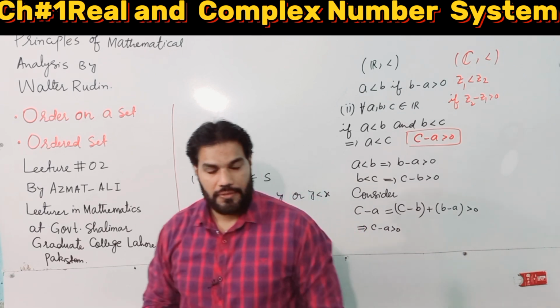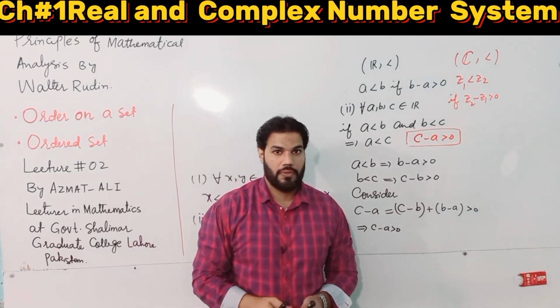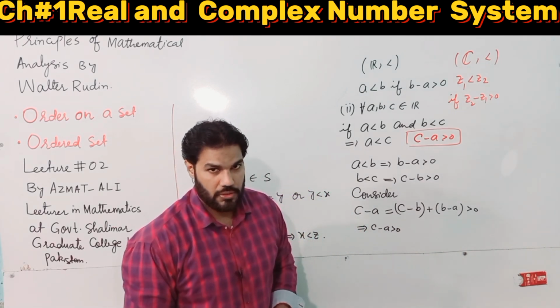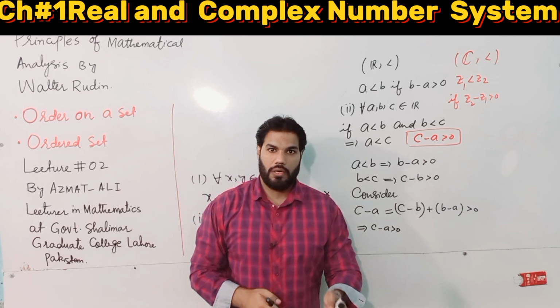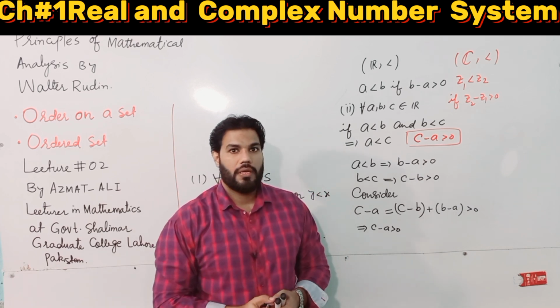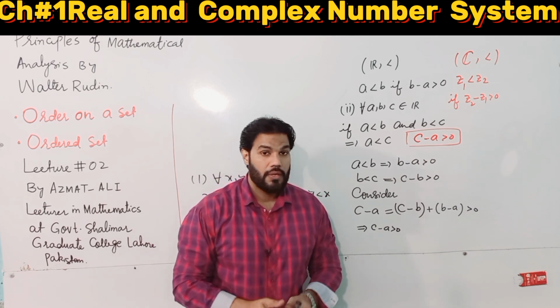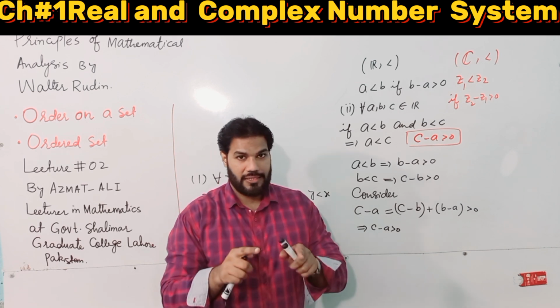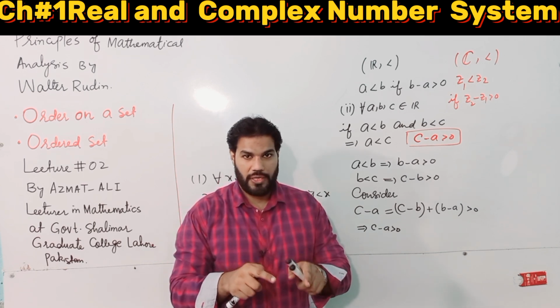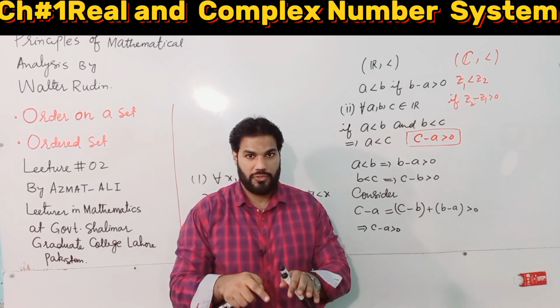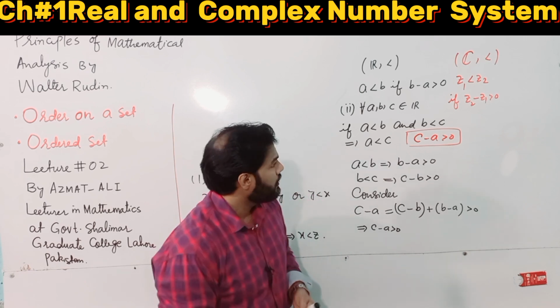So my question is whether the set of complex numbers with this order relation is an ordered set if the less than sign has its usual meaning.